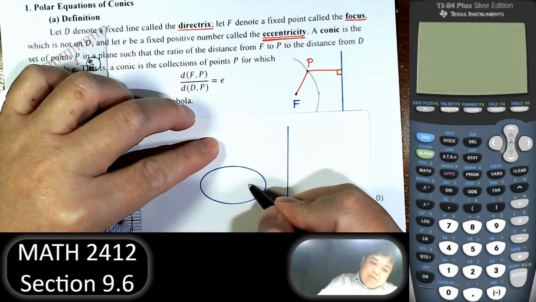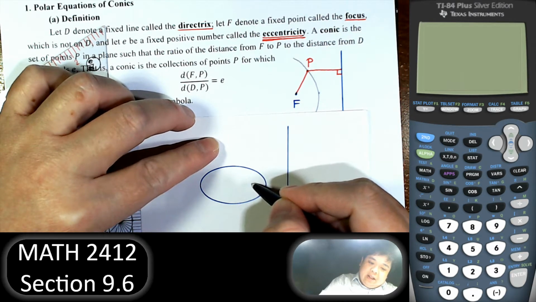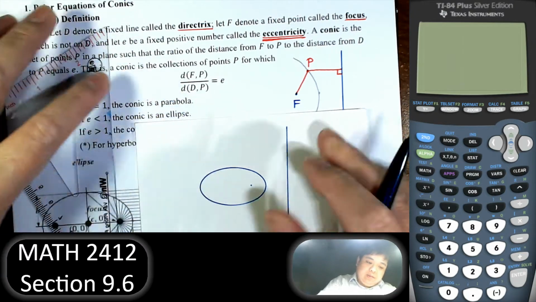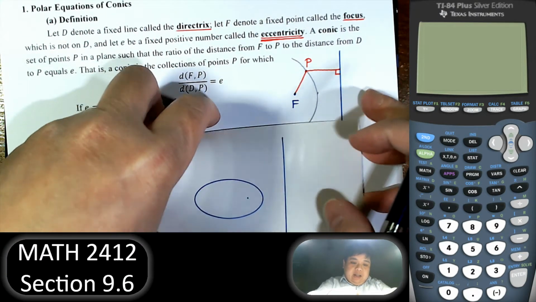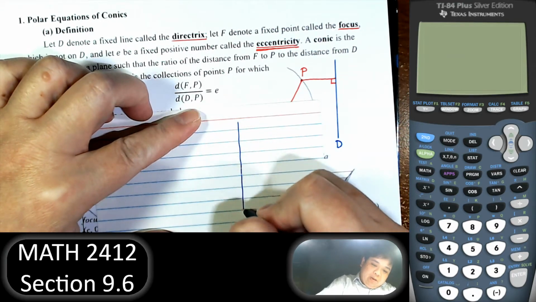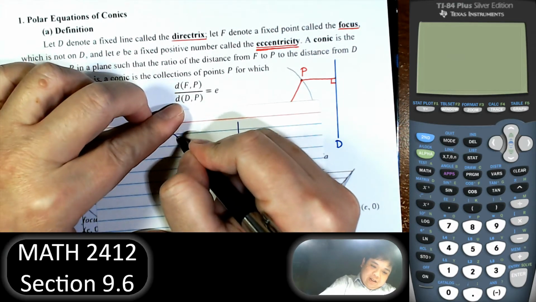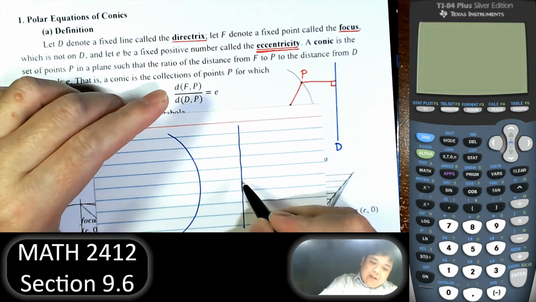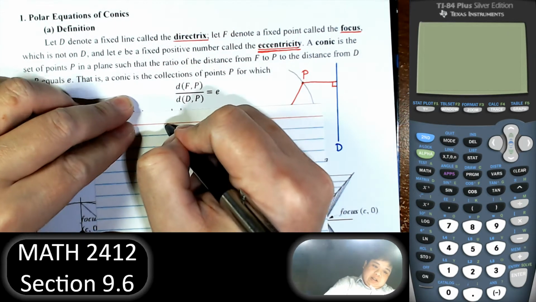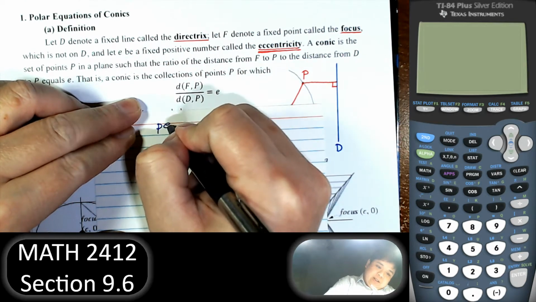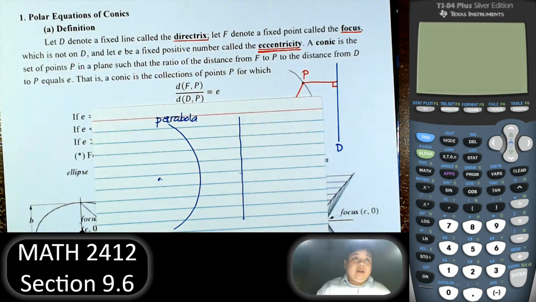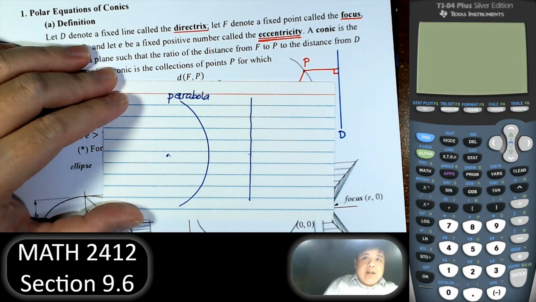The focus is somewhere, let's say in here. Actually, I should start with the parabola first. So this is an ellipse. Oh, sorry, parabola.